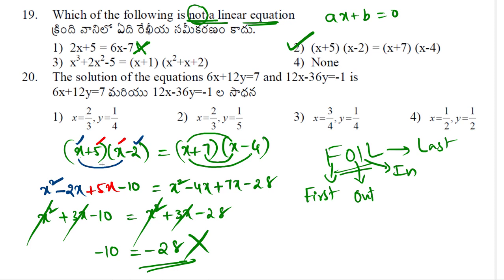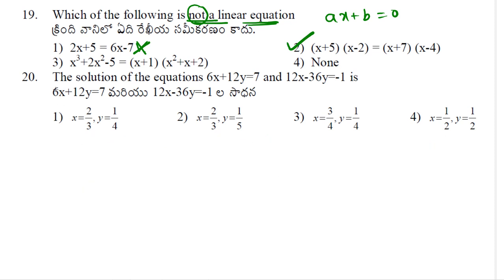Now 20. The solution of the equations 6x plus 12y equal to 7 and 12x minus 36y equal to negative 1 is. So here we have negative 36y and here we have 12y. So let us multiply this first equation with 3. So 3 times the equation gives us 3 times 6 is 18x, then plus 3 times 12 means 36y.